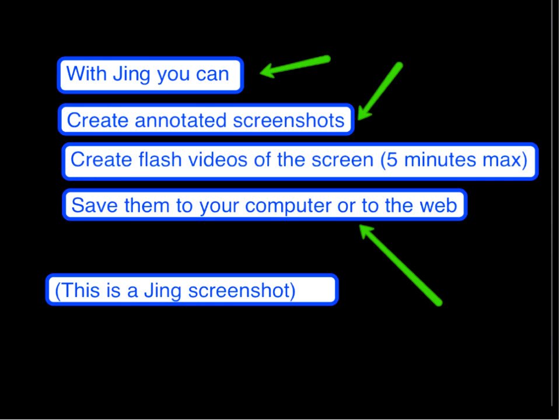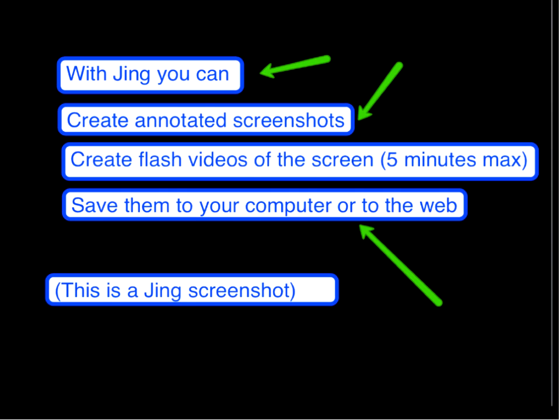So let us look at what Jing is. This is a Jing. I just did a Jing slide of my PowerPoint that I was working on, just to show you the format of Jing. It's definitely got a style you can see for the screen, the images. And it can do images and it can do videos.